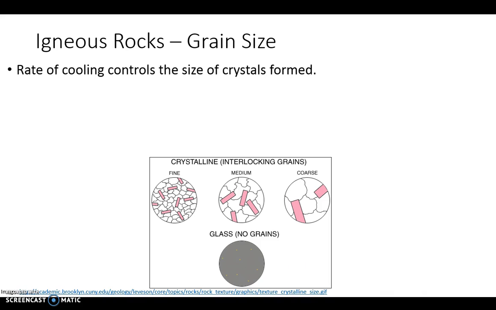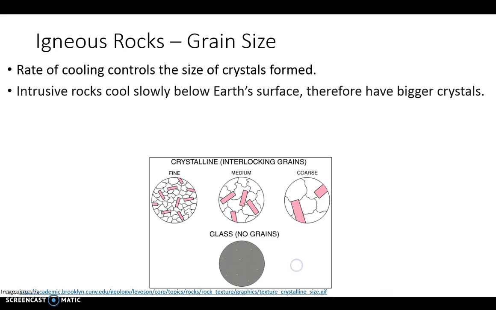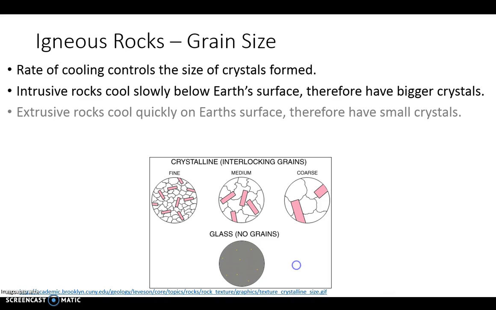Now, we've been covering in class that the rate of cooling is the thing that controls the size of the crystals formed. Intrusive rocks cool slowly beneath the Earth's crust, and therefore they form bigger crystals. Extrusive rocks cool more quickly on the Earth's surface, and therefore they're forming smaller crystals.